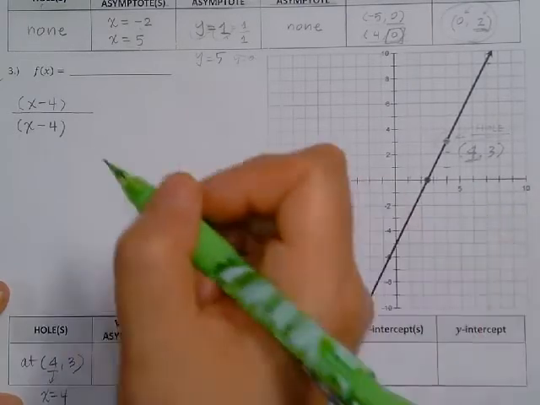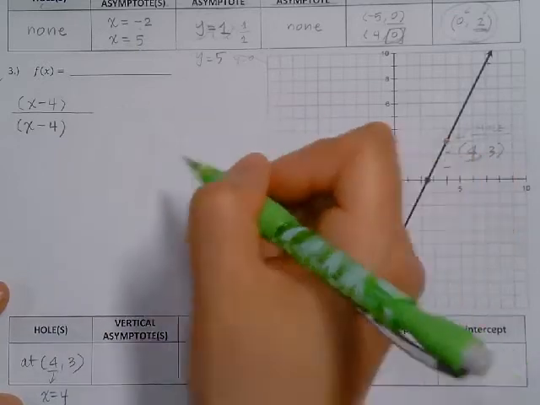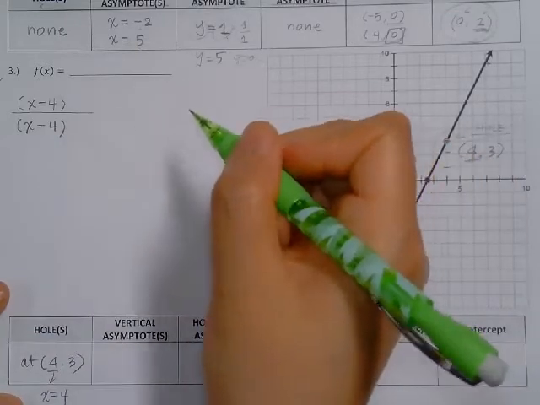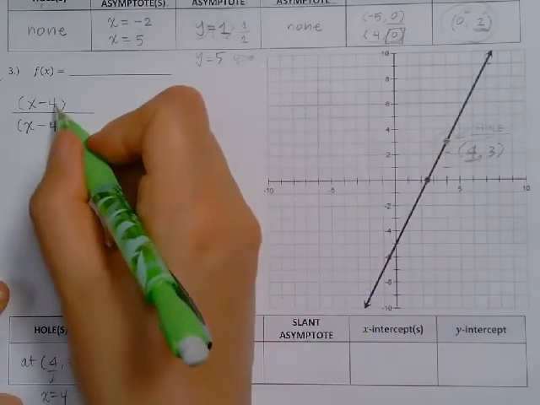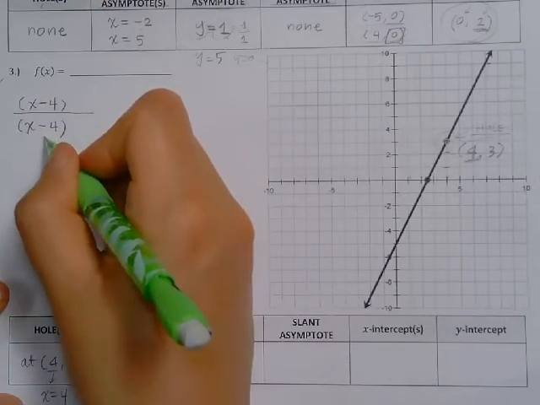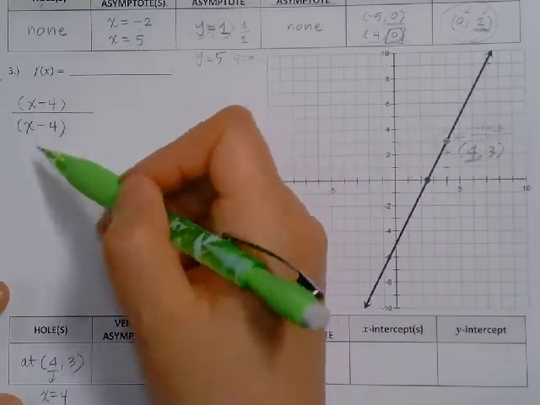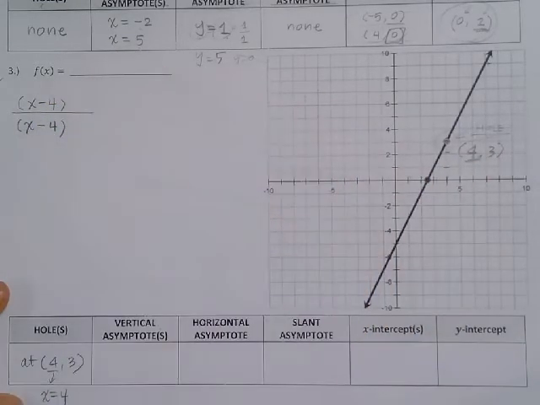So then at least I can start from here. I don't know what's gonna happen later, but I do know for sure I needed the same factor, x minus 4, from top and from the bottom at the same time. So then that's the really valuable information that I can expect from the hole. Okay, then here.